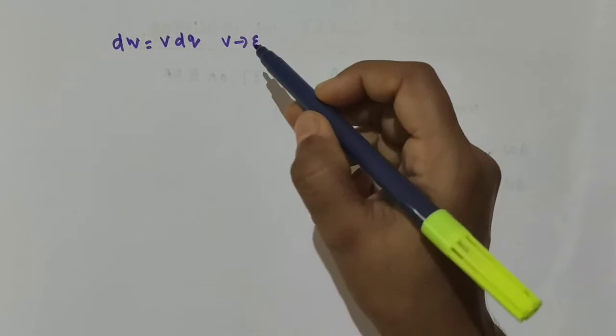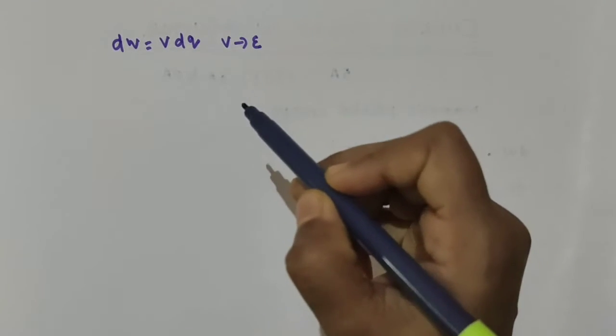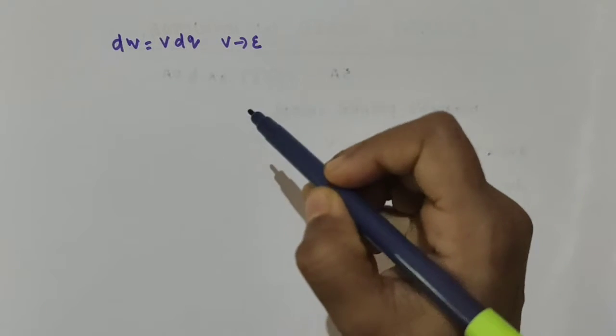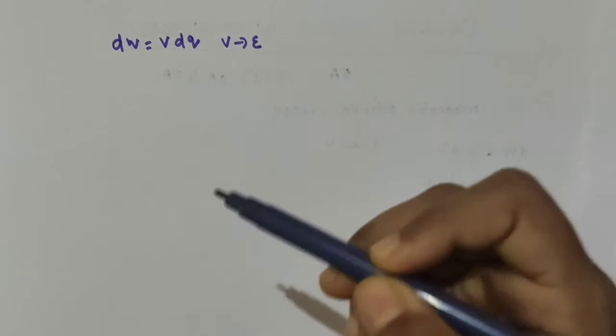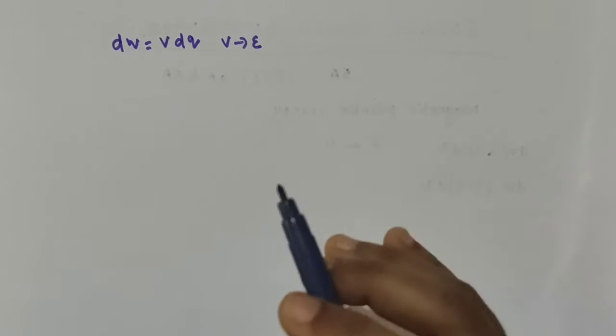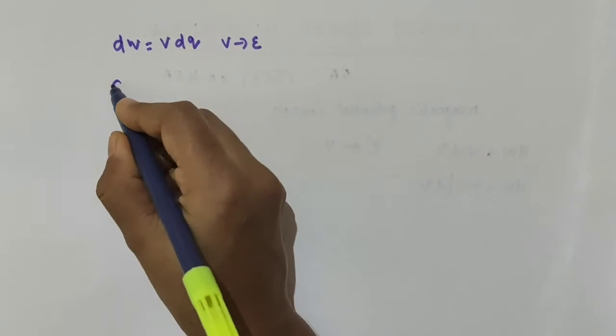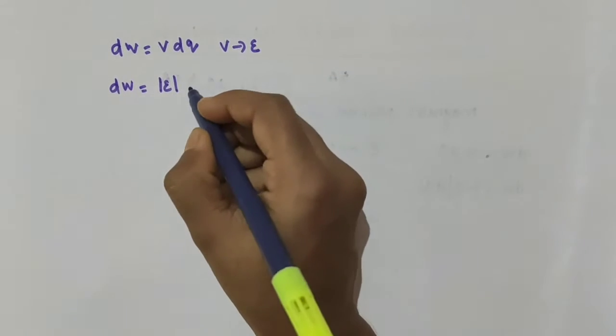This can be written as minus epsilon because this induced EMF is a self-induced EMF or the back EMF which opposes the change in current through the coil. But here we are just considering the magnitude of this EMF epsilon. So we can write this expression as dW is equal to modulus of epsilon into dQ.